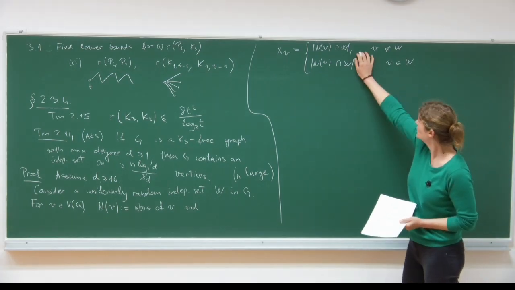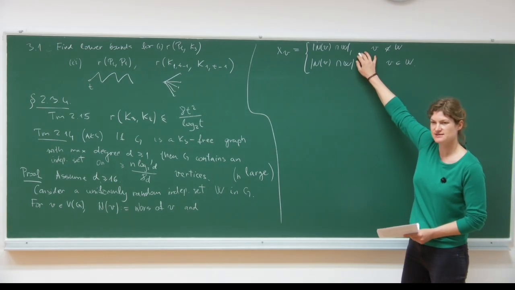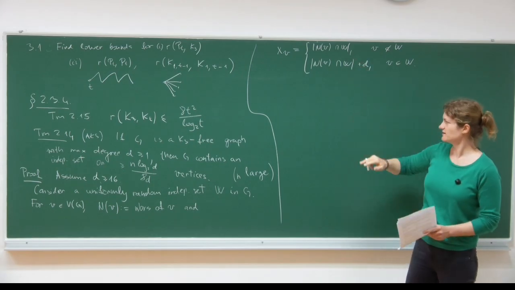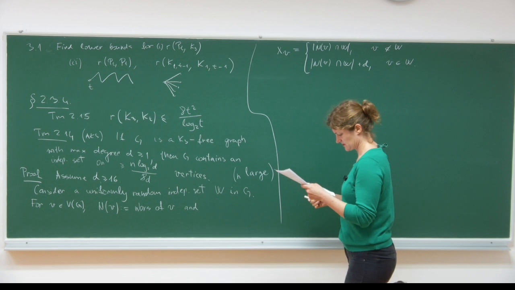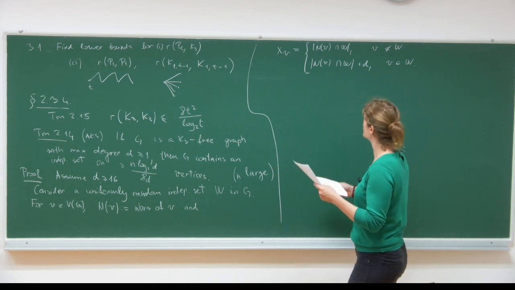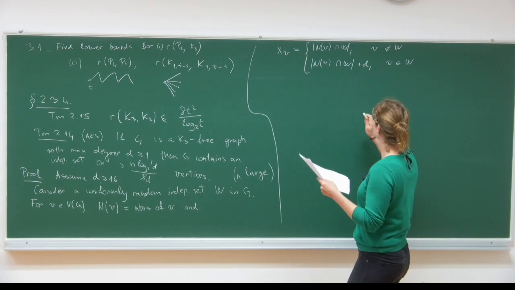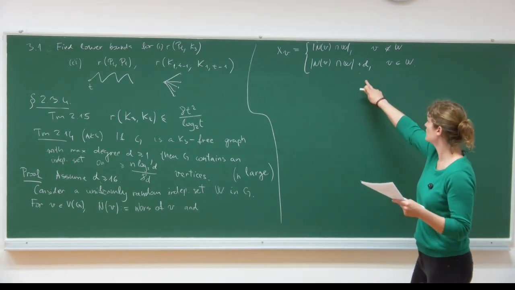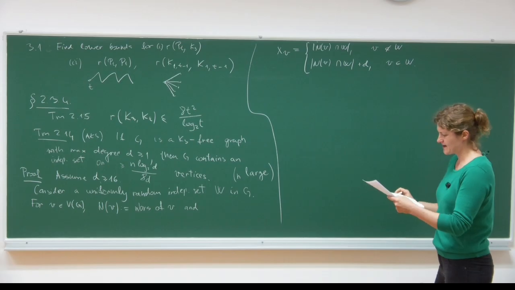So for now, you can really think only about this case, and I'll mostly be commenting on this case as we do the proof. This is just an extra factor to make the whole thing work, specifically in the case when most neighbors of V are contained in this independent set. But we'll see.